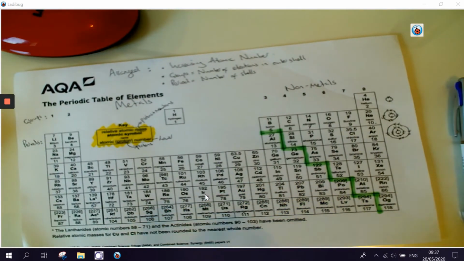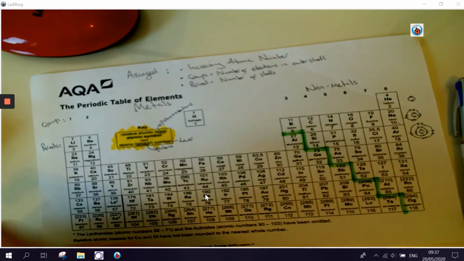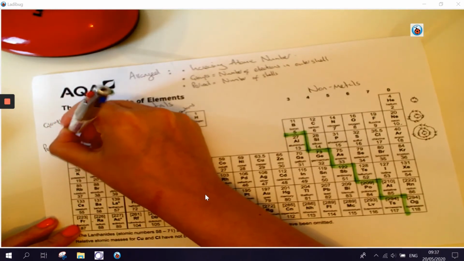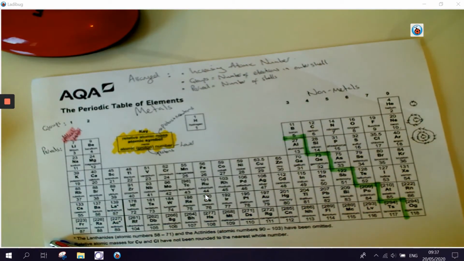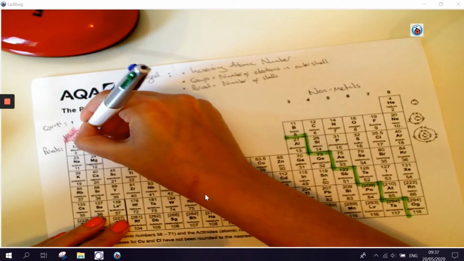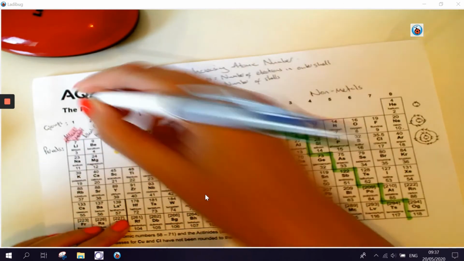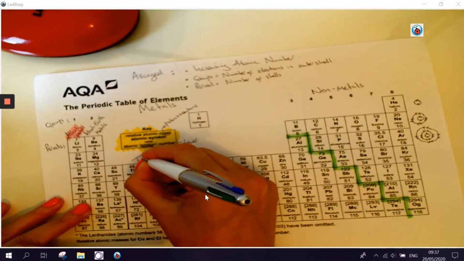There are just a couple of specific groups that we need to know about now. Group 1 is our alkali metals. Group 2 is the alkaline earth metals. This middle block is the transition metals.